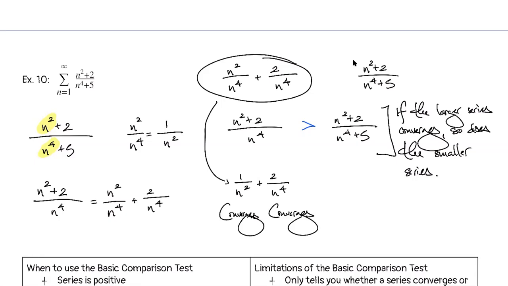Can you draw a definitive relationship between the one you created and the one that you're given? And when I stripped away the 2 and the 5, I couldn't say for sure what that relationship was because the 2 and the 5 are both contributing factors.